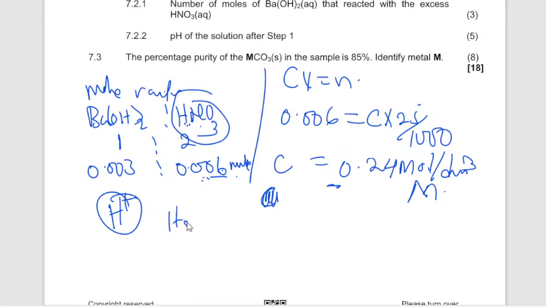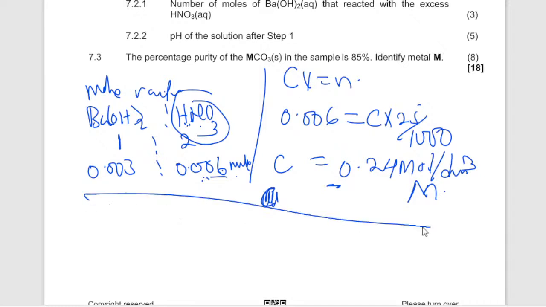If it was sulfuric acid, I would have multiplied by 2, because one molecule gives you 2 hydrogen ions. So since it is a monoprotic acid, everything is flowing.